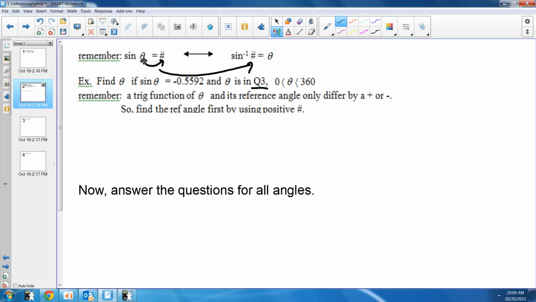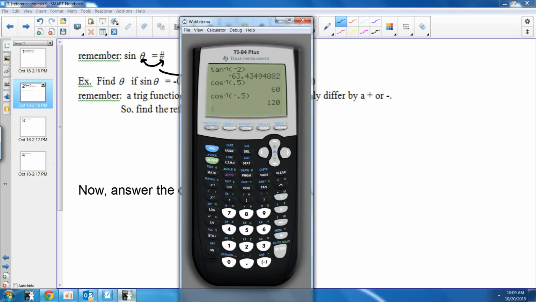So I'm going to go ahead and figure out the inverse sine of negative 0.5592. And you're going to see that it's negative 34.00. Now that means that your reference angle is actually a positive 34.00.